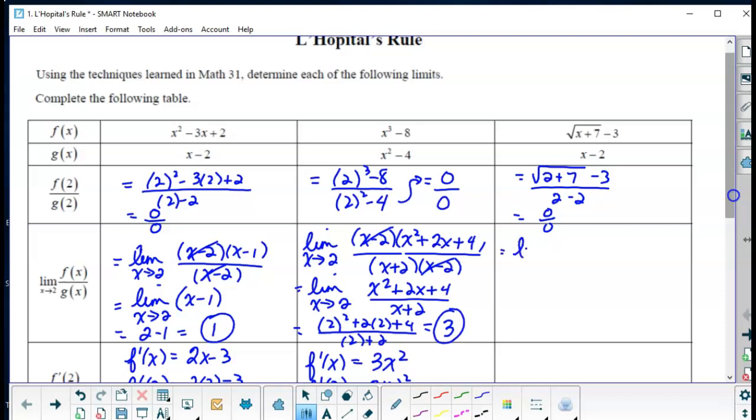So limit as x approaches 2 of root x plus 7 minus 3 over x minus 2. Remember, when you have a radical in the numerator, we want to multiply through by the conjugate.